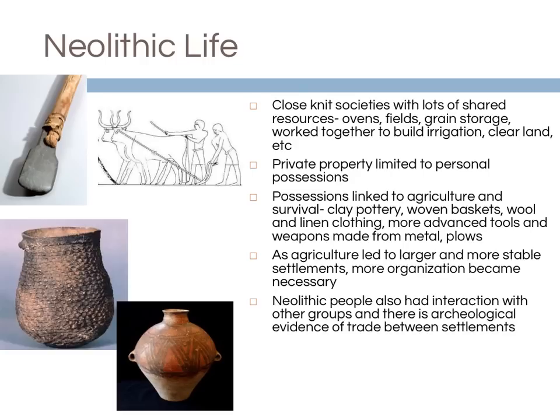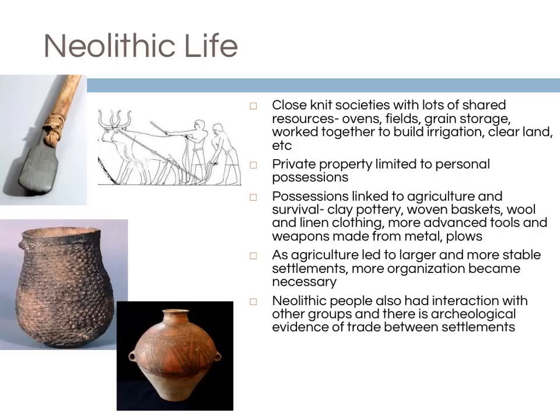So possessions were often linked to survival and food storage. So clay pottery and woven baskets developed to store food. Wool and linen clothing. Those are significant because wool and linen, you have to get animal hair, turn it into thread, and then weave it into cloth. So that's a new process, whereas previously people used animal skins mostly.